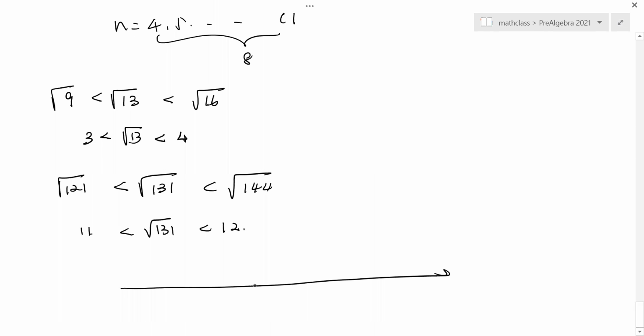So then it's clear, right? If we draw the coordinate line, here's 3, here's 4, here's the square root of 13, and then the square root of 131. Here's 12, here's 11.